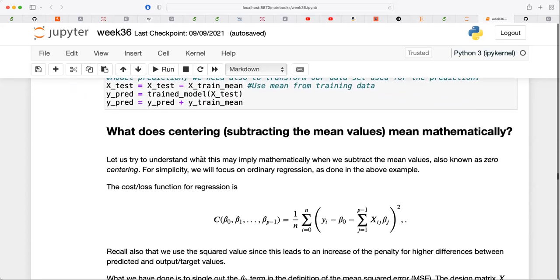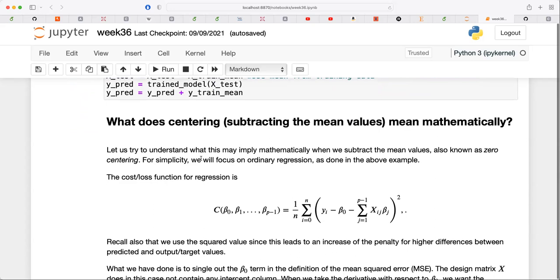So let's try to take a look at what this centering means mathematically, so that you see what is going on. As I said, scikit-learn would often just take out the intercept column, which is just ones. Because if you regularize this by subtracting the mean, then you would just have zeros. And then if you want to invert the matrix, you run into problems.